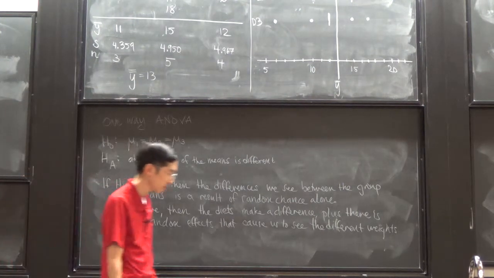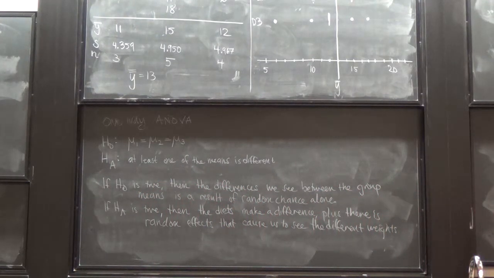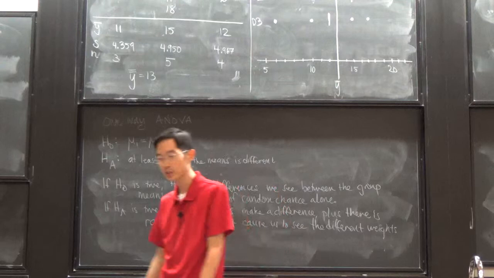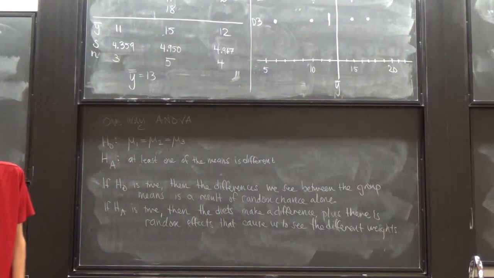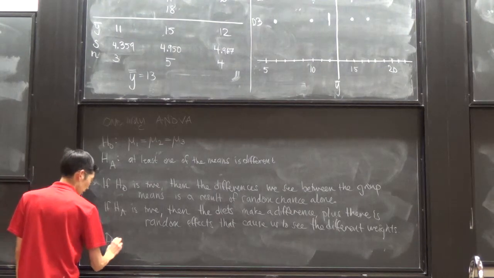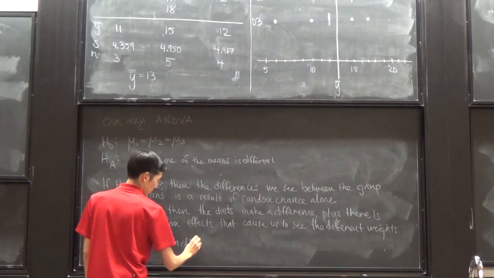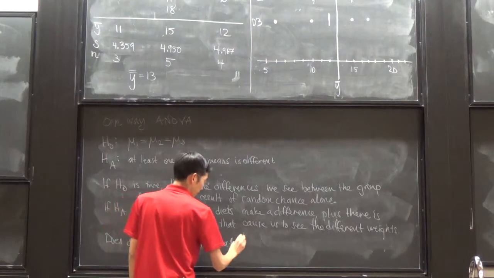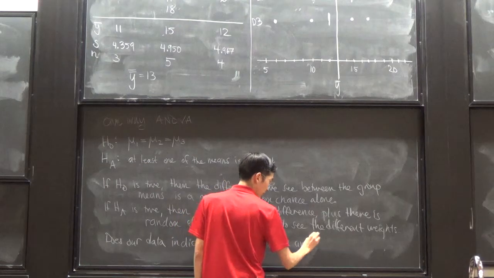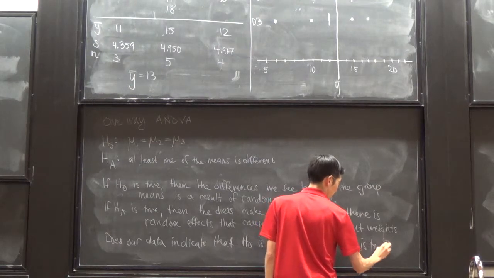So that's what's happening in real life, and what we're doing is we're just using our data to see if we have evidence that the null hypothesis might not be true. Does our data indicate that the null hypothesis is false, and that the alternative is true?